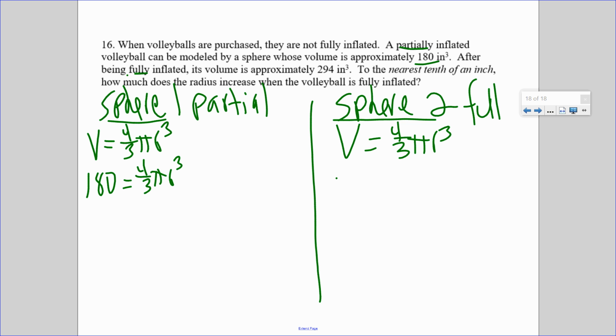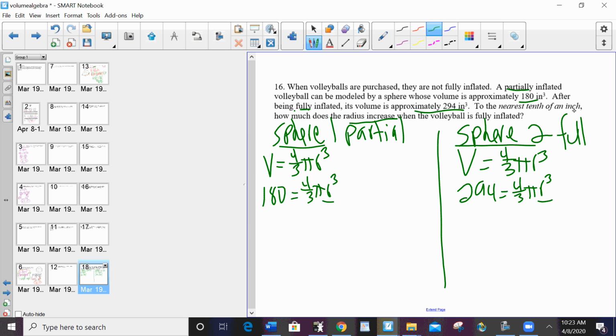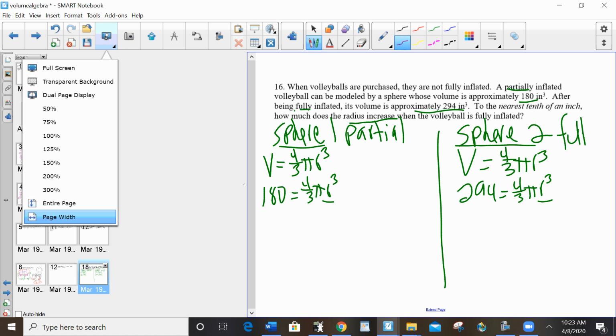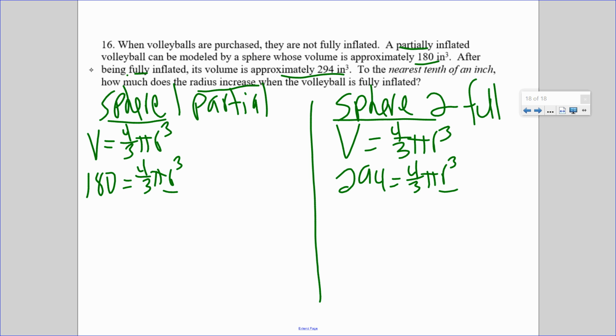For sphere 2, it's 294. Now it's asking how much the radius increases. So I need to find the radius of the partial, find the radius of the full, and then subtract them. I'll give you about a 30 to 45 second head start on doing the algebra. Solve each of these for r.